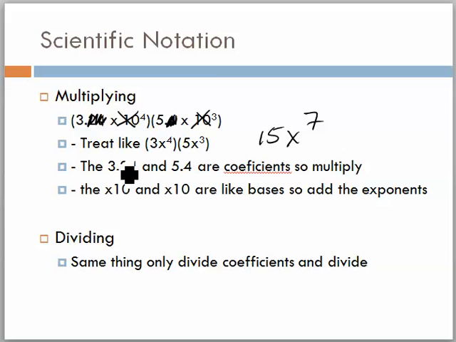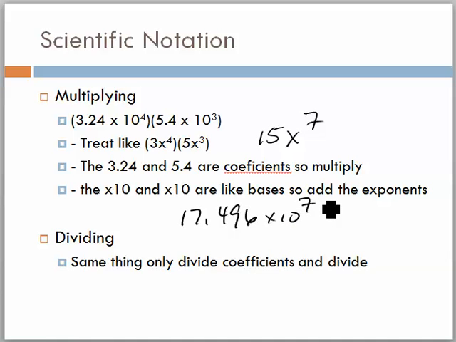Let's go back here and let you see those again. The 3.24 and 5.4, those are your coefficients, so we're going to multiply those. And the times 10 and times 10, those are like bases. So that means we can still just go about adding the exponents. I'm going to take 3.24 times 5.4, and when I multiply that, that gives me 17.496. 10 to the fourth times 10 to the third gives me 10 to the seventh.